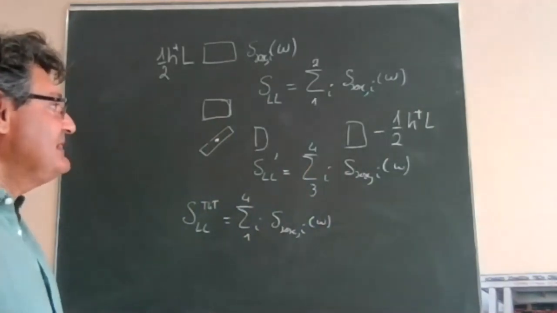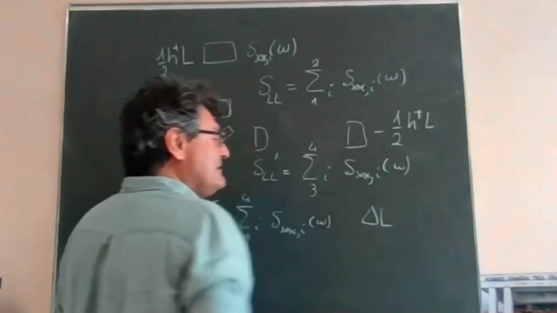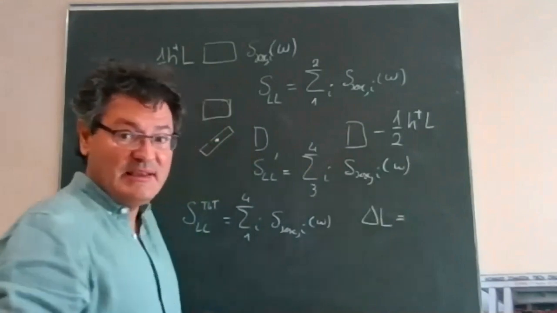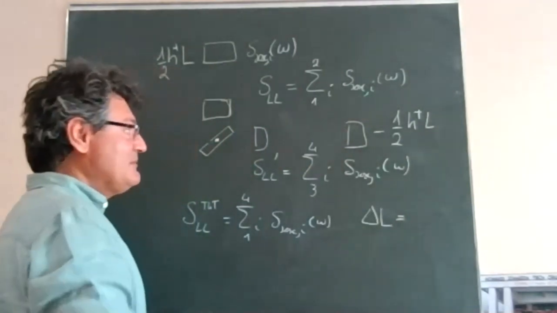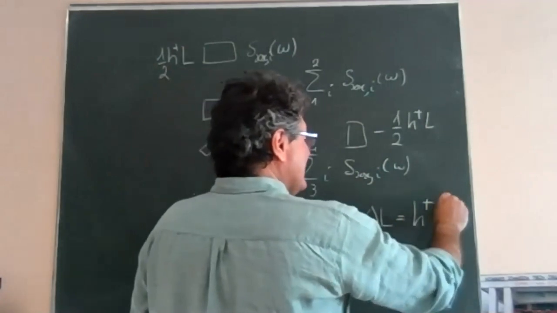Practically, the total delta L produced by the gravitational wave is just h plus times L.